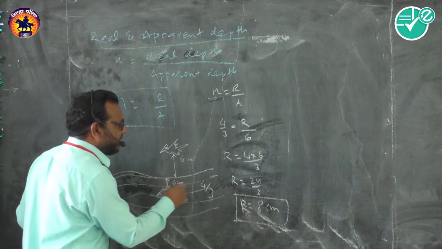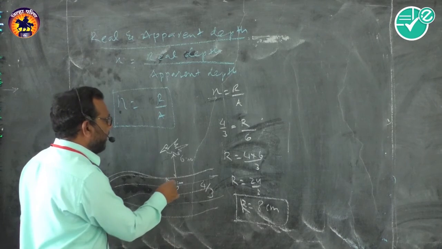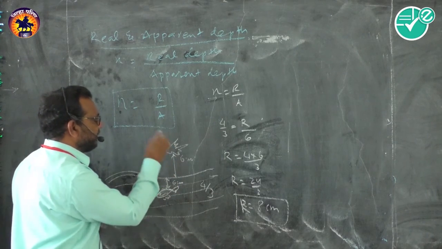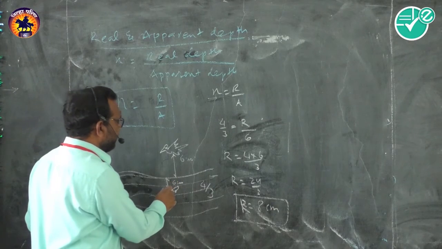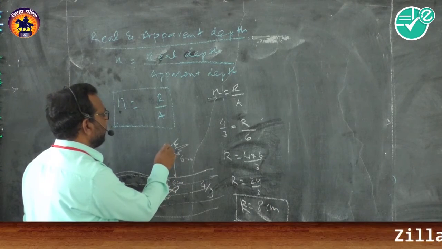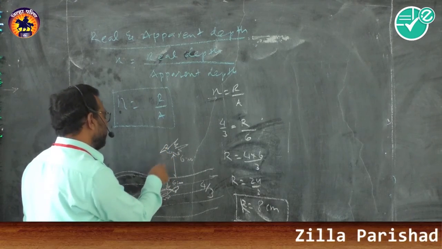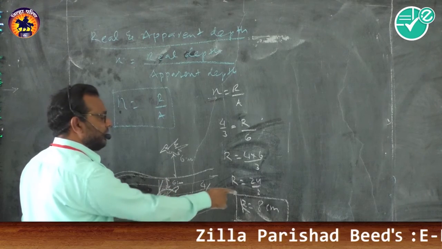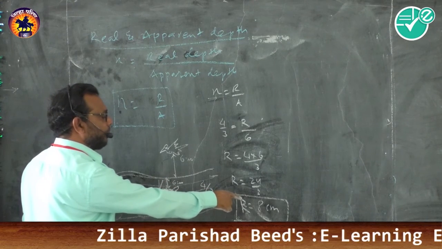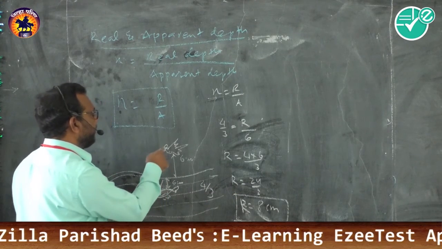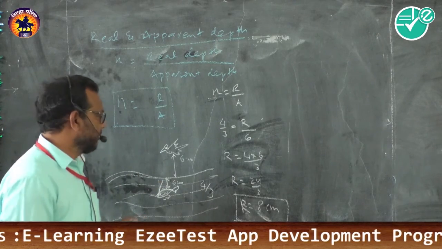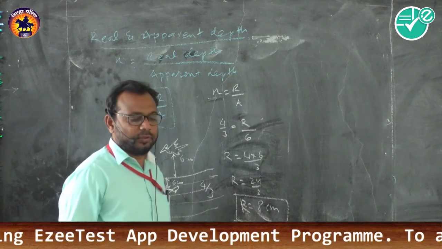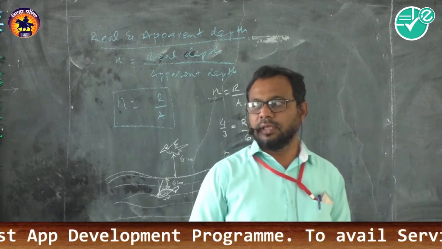So its real depth is 8 centimeters and the apparent depth which is felt by the crane is 6 centimeters. So to pick up this fish, the crane has to insert its beak into the water up to 6 centimeters, and then the crane can pick up that fish. Okay, so this is called real and apparent depth.